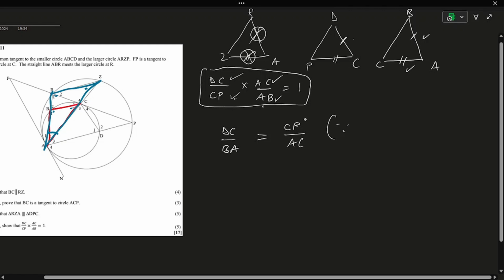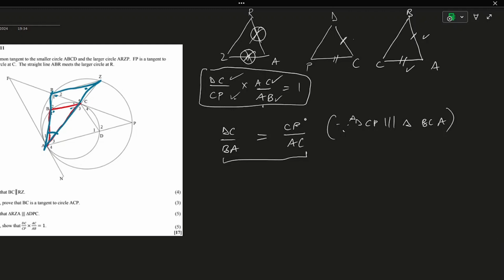Right, we can do this because these triangles are similar. So because this triangle DCP is similar to triangle BCA, we are allowed to do this because these two triangles are similar, right? So if they are similar, we need to make these things look like DC divided by CP times AC divided by AB.